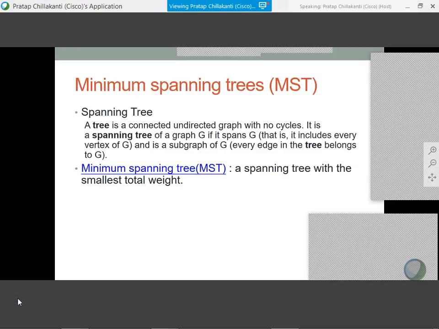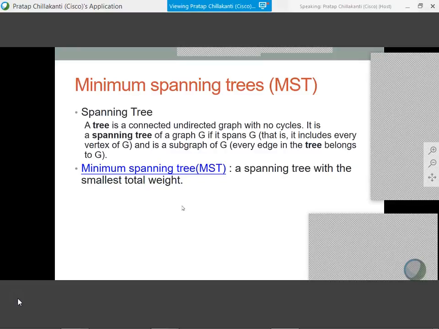That is what we said a spanning tree is. It should not have cycles, okay? That is the main thing, and it should have all the vertices of the graph. And it's a subgraph of G, because every edge of the tree belongs to G. We are not creating any new edges in the spanning tree, okay?